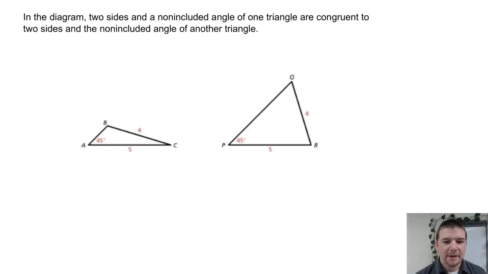In the diagram, two sides and a non-included angle of one triangle are congruent to two sides and the non-included angle of another triangle.